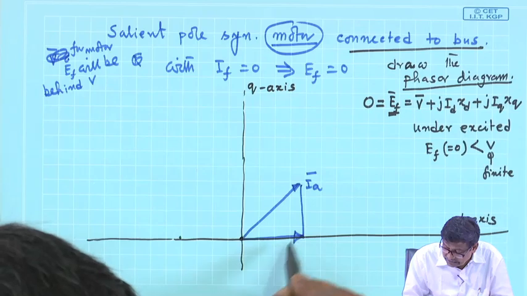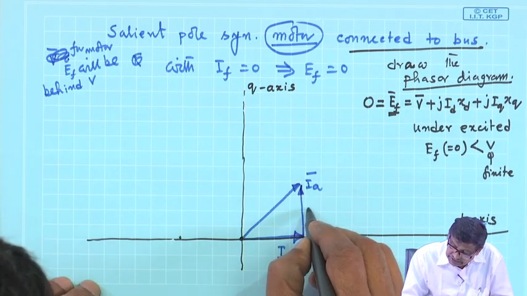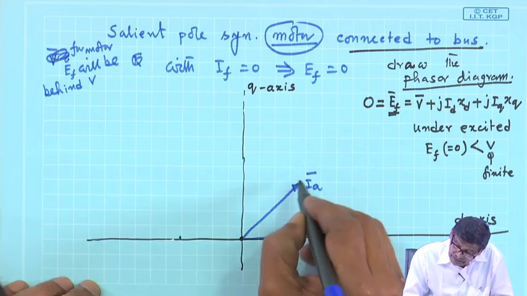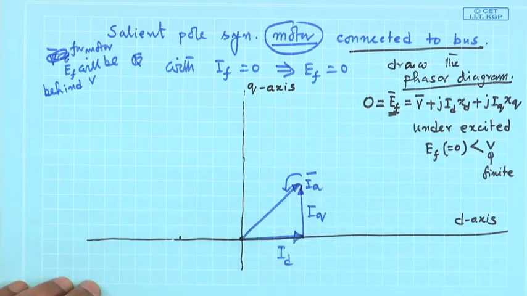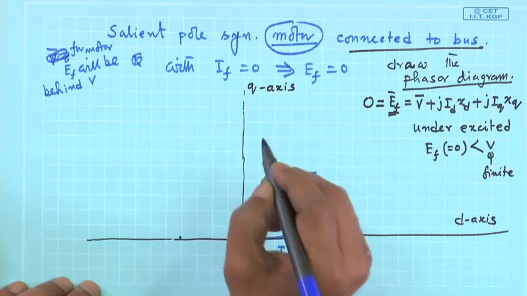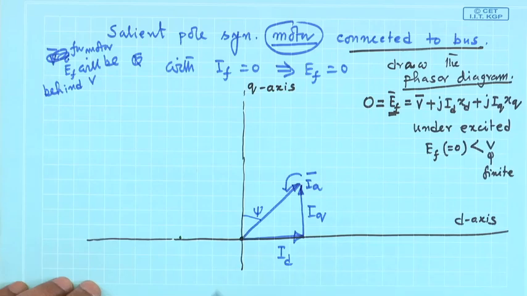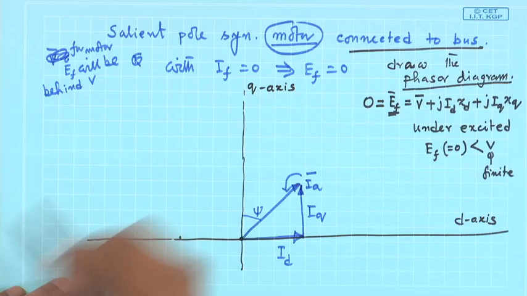Before that, of course, the moment I got Ia, I will say this is my Id and this is my Iq. This is Ia, this length is Ia. This is the internal power factor angle psi, and your V will be in this line.